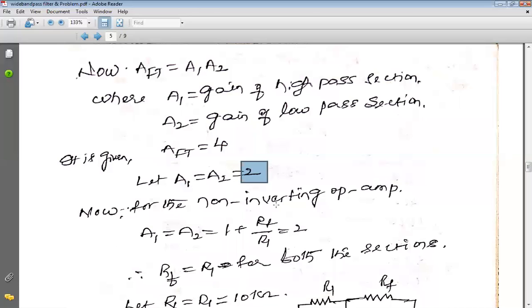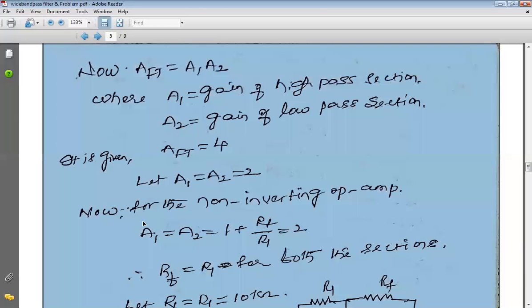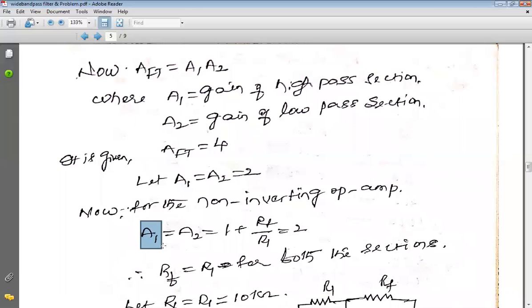Now, for the non-inverting operational amplifier, the total gain is the gain of each amplifier, and A1 is equal to A2. That's why for the non-inverting operational amplifier, the gain is 1 plus RF divided by R1 is equal to 2, because A1 and A2 are both the same.